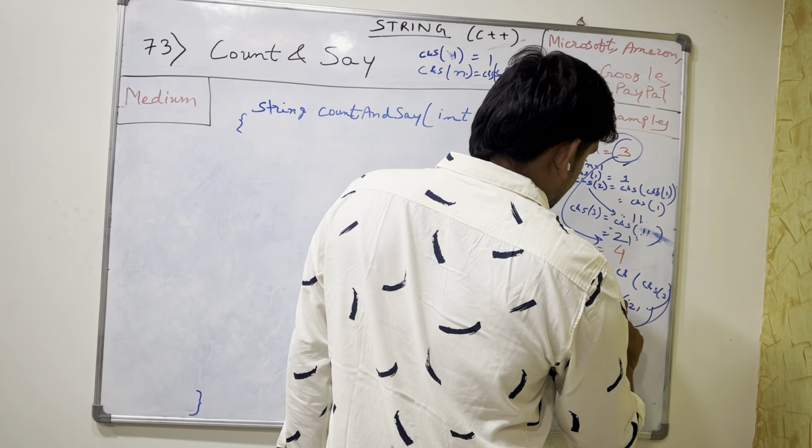And count and say of any digit n would be actually count and say of n minus 1. And this count function logic is you need to count the digit. So for example, when n is equal to 6, count and say of n equal to 6 will be count and say of n minus 1, that is 5.